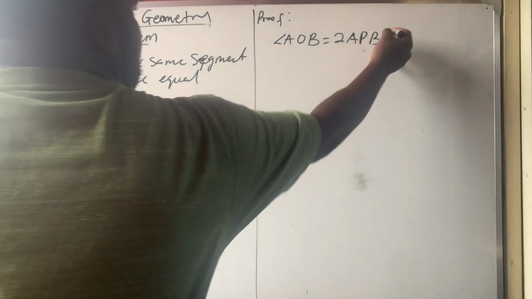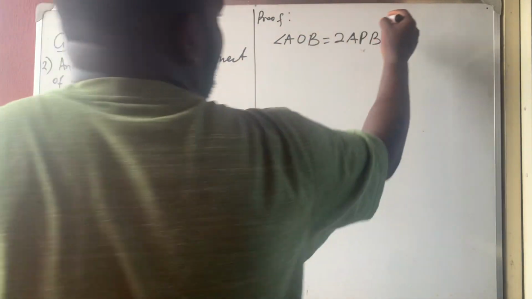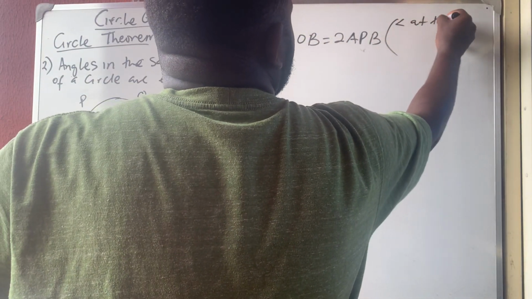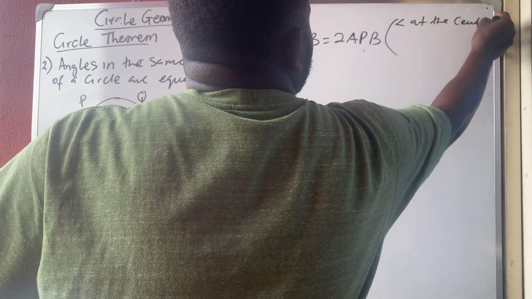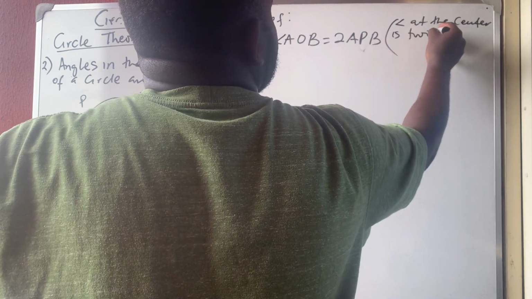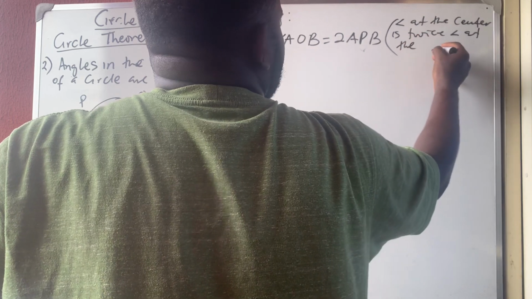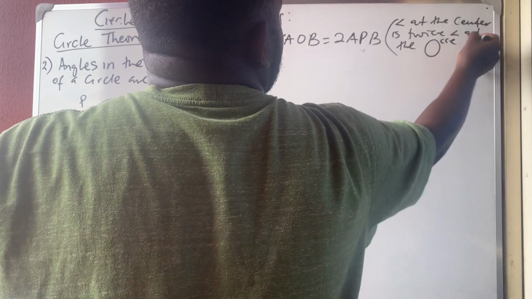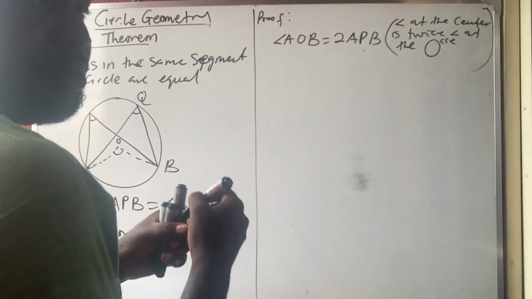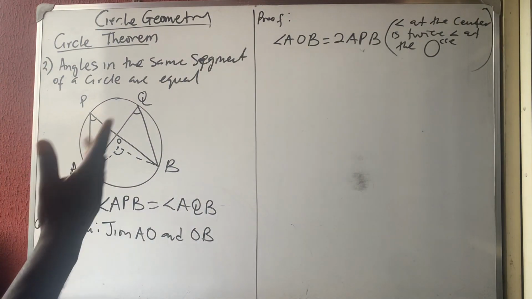So the reason is what? The first one we did, which is called angle at the center is twice angle at the circumference. Circumference is written as OCCE. The C will be a subscript. Okay, so that is that.